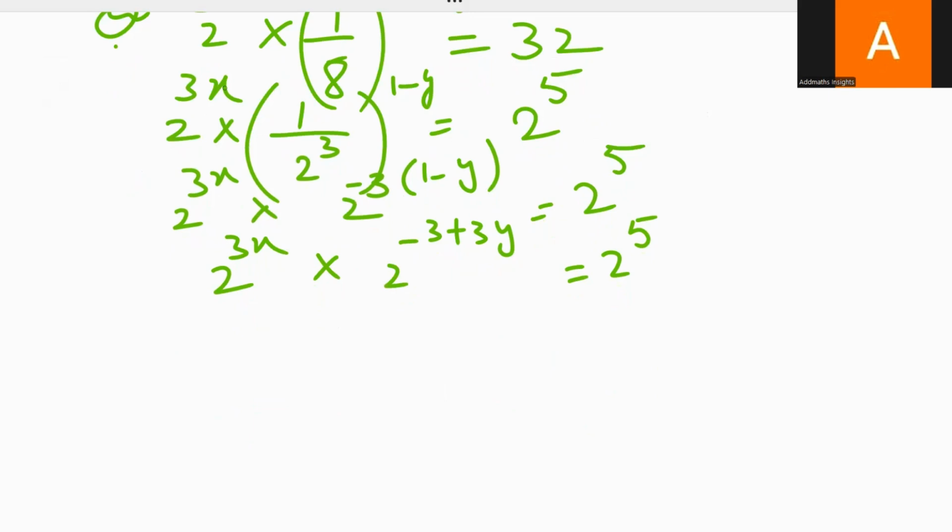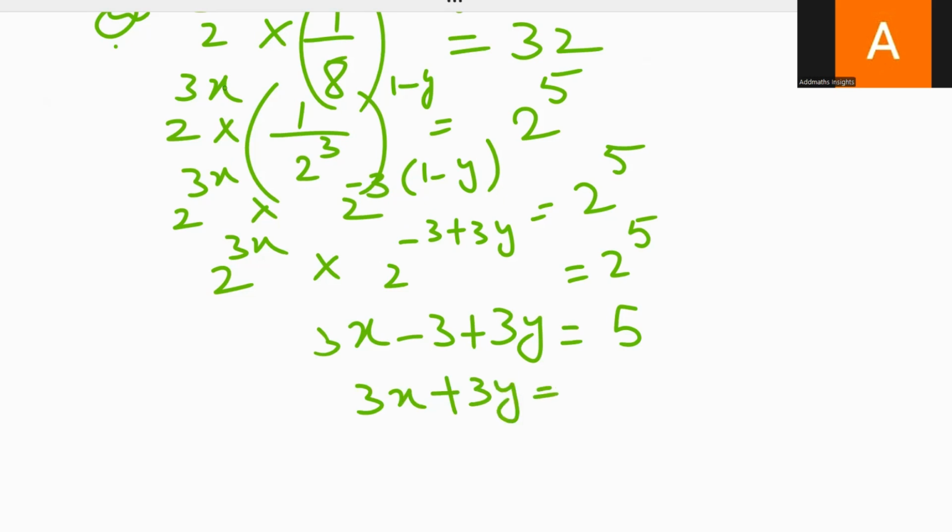So you will write here 3x minus 3 plus 3y is equal to 5. Plus 3y equals to 5 plus 3, which is 8.